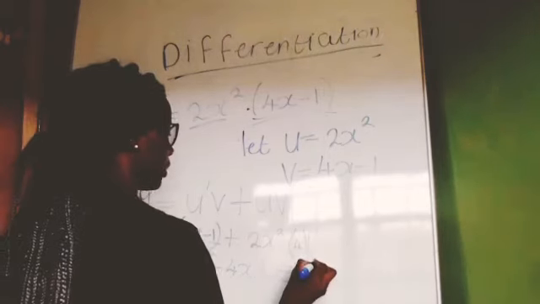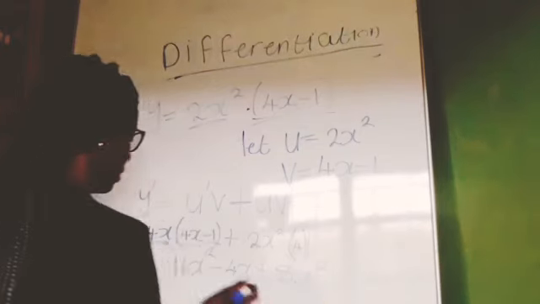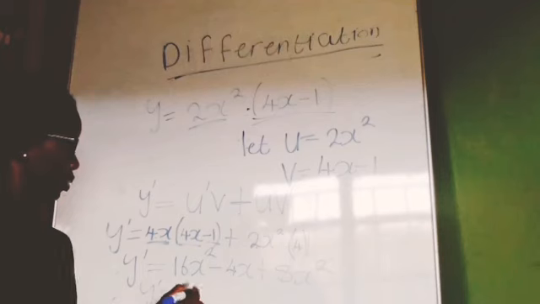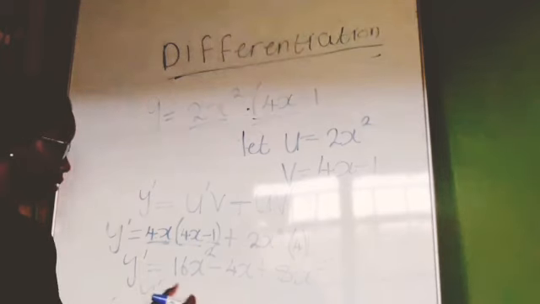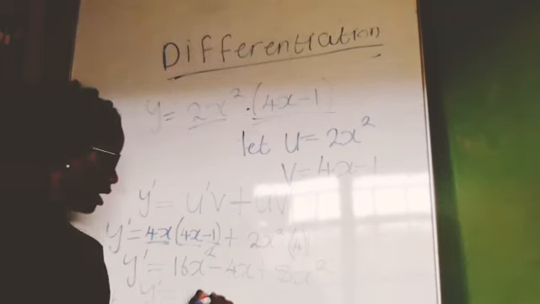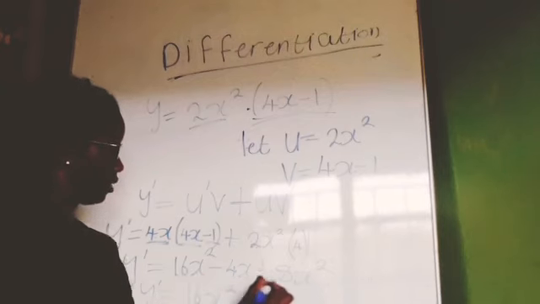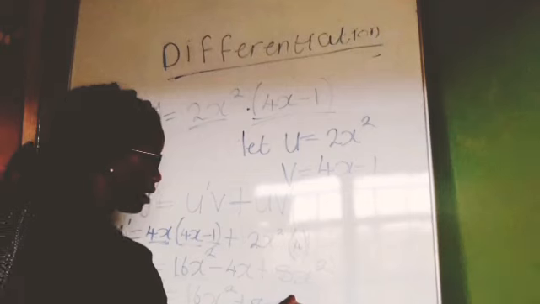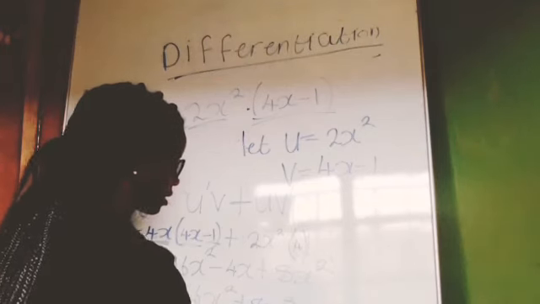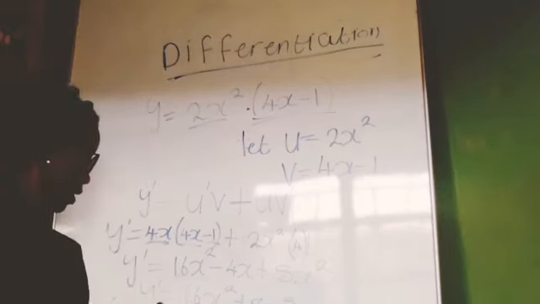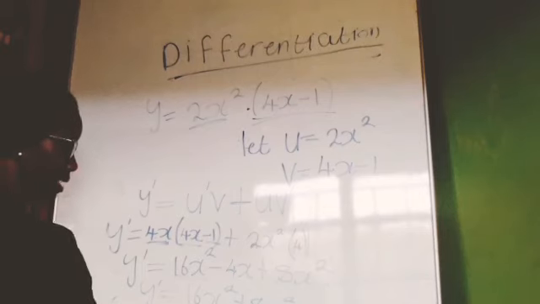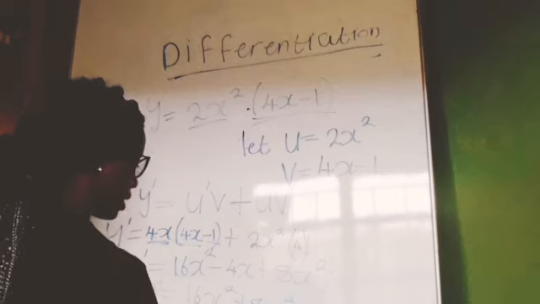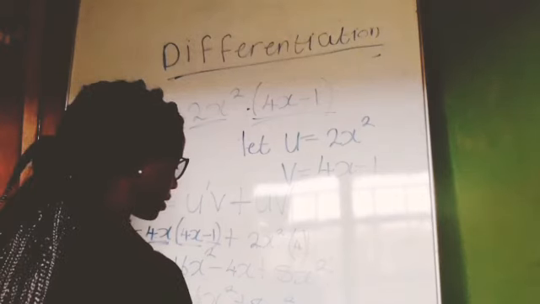Okay, so I've simply expanded this. So y prime is equal to, we can collect the like terms. So 16x squared plus 8x squared minus 4x. So y prime is equal to 16 plus 8, that's 24x squared minus 4x.